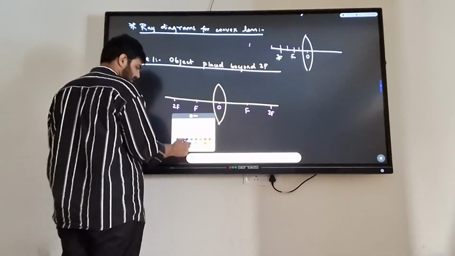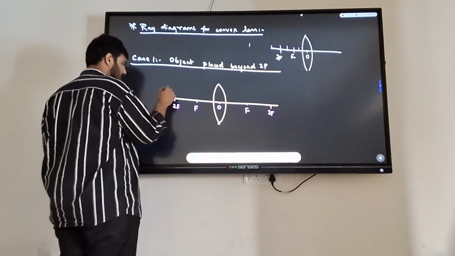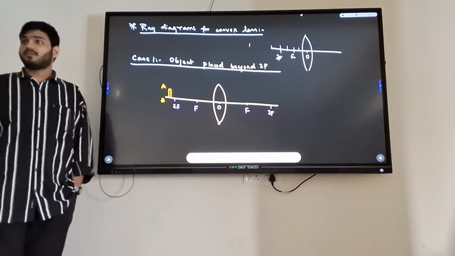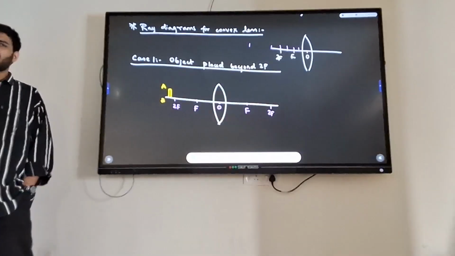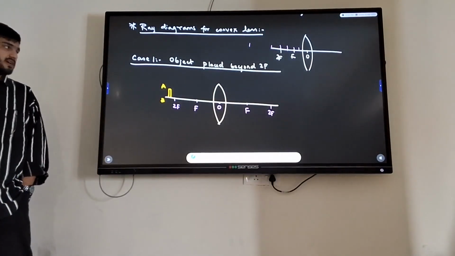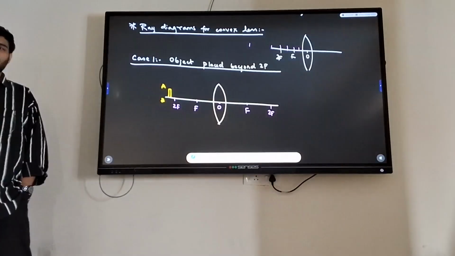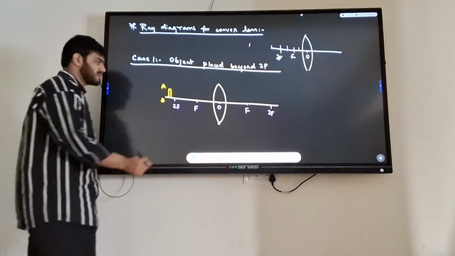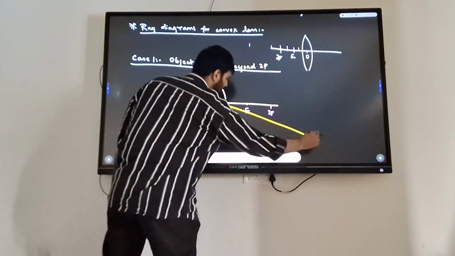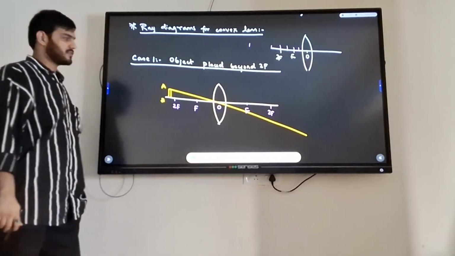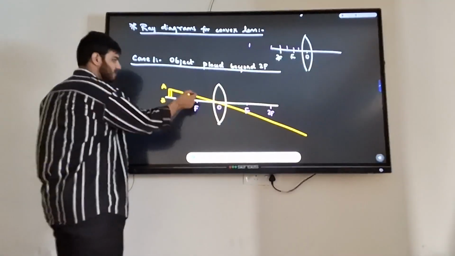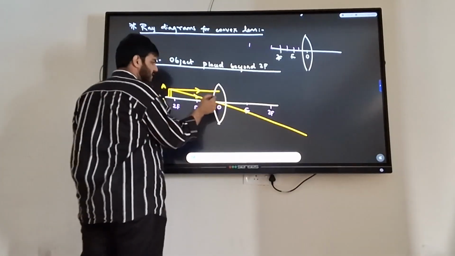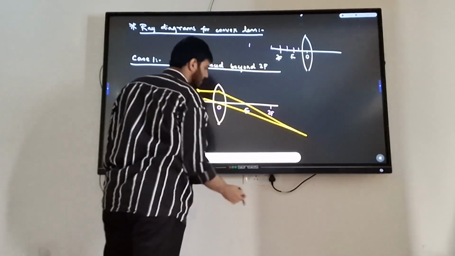Let's place my object here, A, B. What two rays should I consider? I can take any two rays and my diagram will be done. One of the rays we can consider going through optical center. Okay, let's start. This is one of the rays going like this. What is the other ray? Maybe passing parallel to principal axis and then goes to focus.